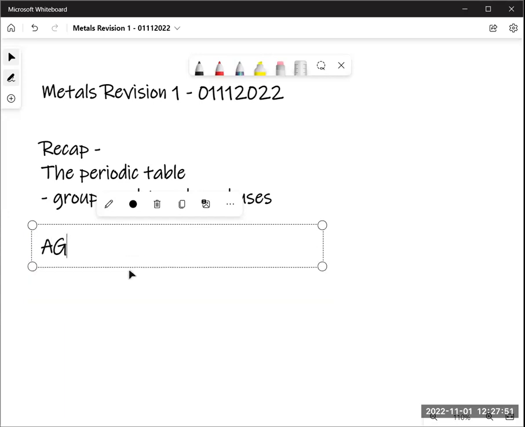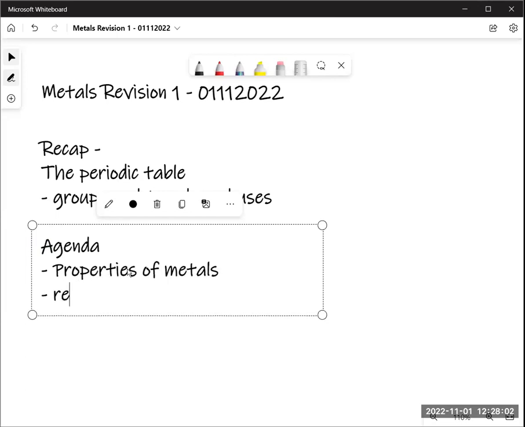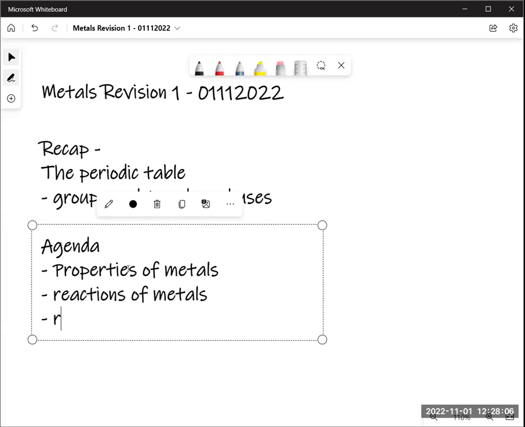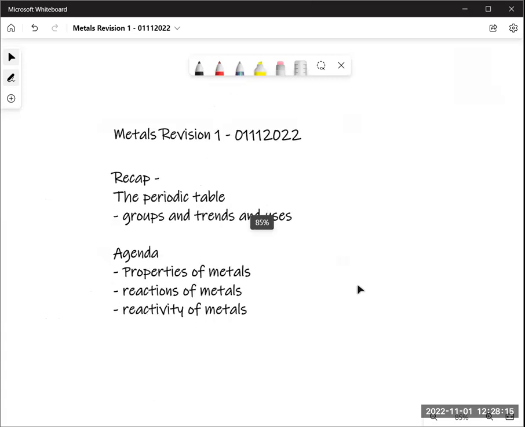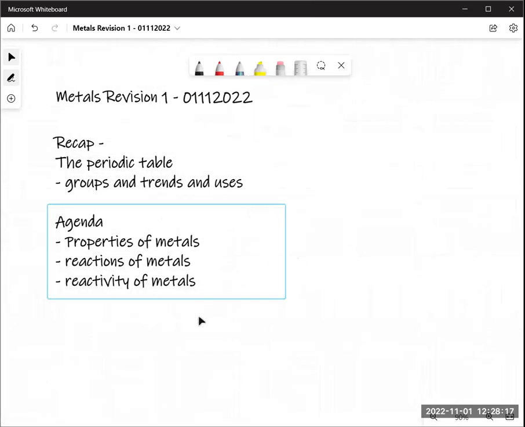So today's class, the agenda is first properties of metals, reactions of metals, and reactivity of metals. Now let's see how much we can do today, and then we'll do as much as we can.